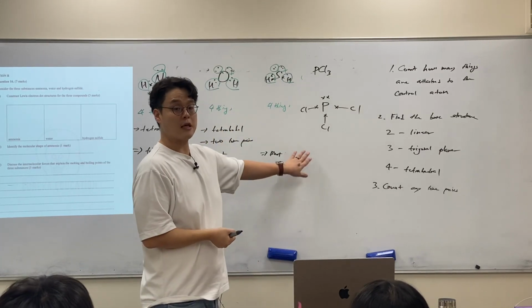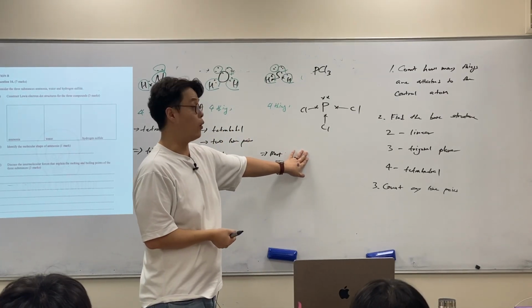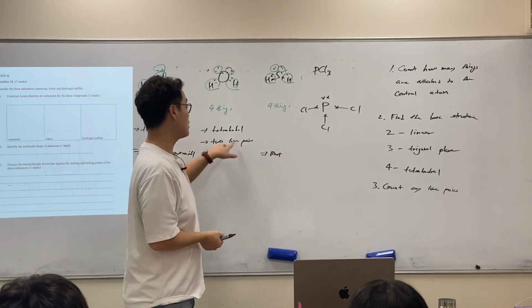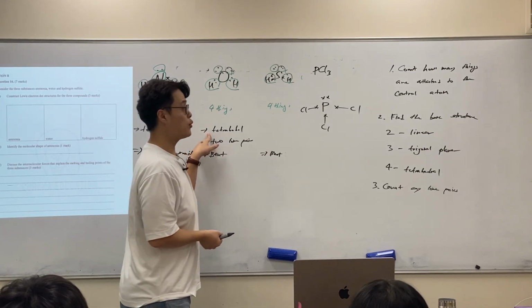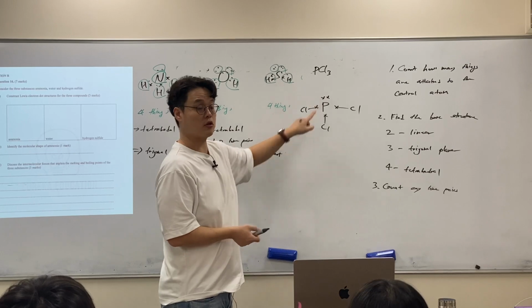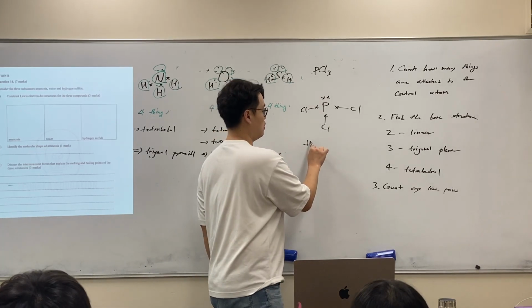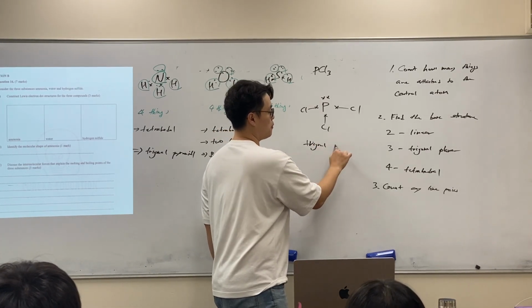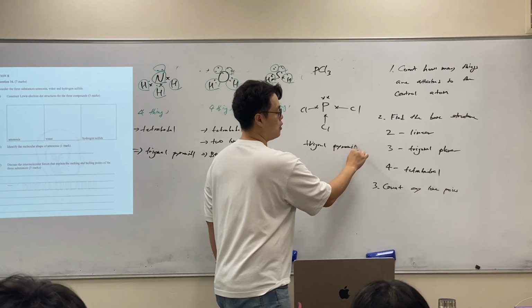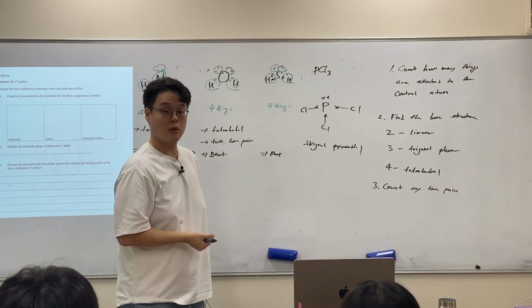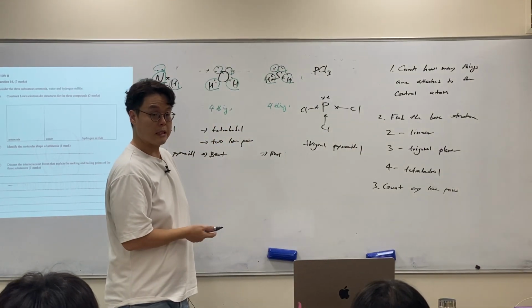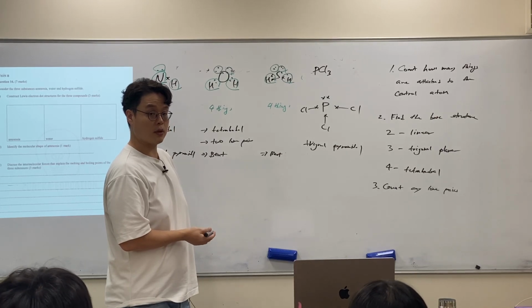Now, how many things attached? 4. So the base shape must be tetrahedral again. How many lone pairs do we have? We have 1. So it'll be trigonal pyramidal. Easy to do by doing this, okay?